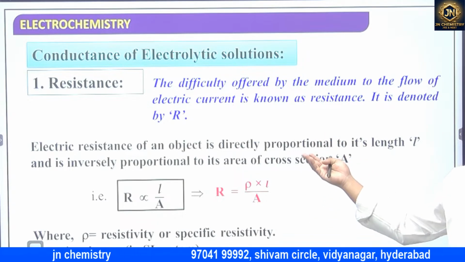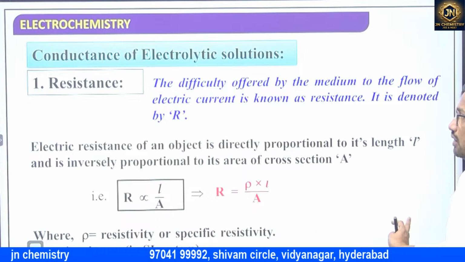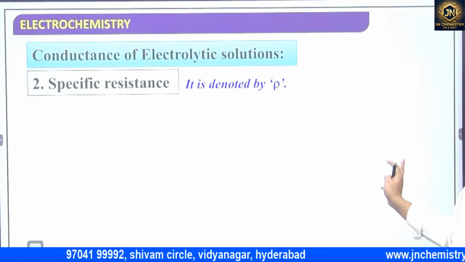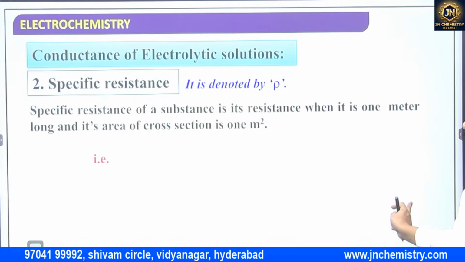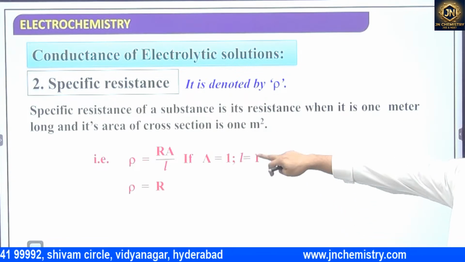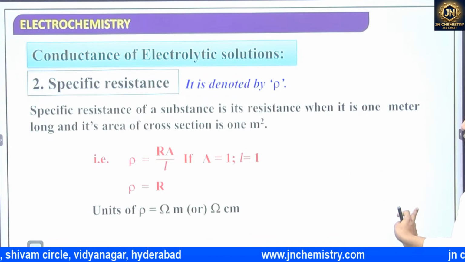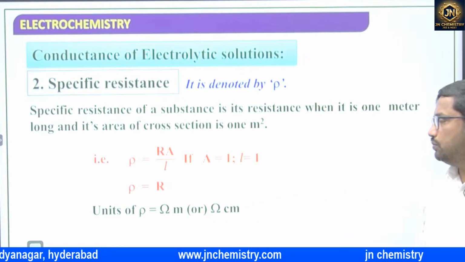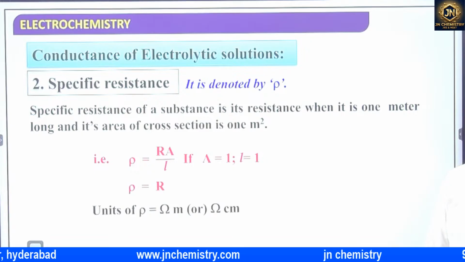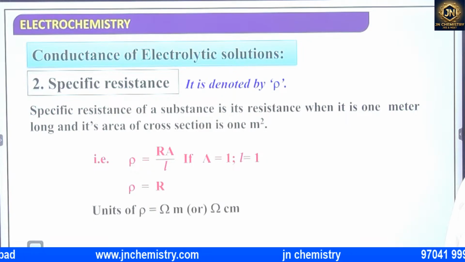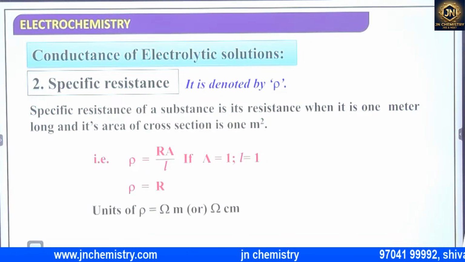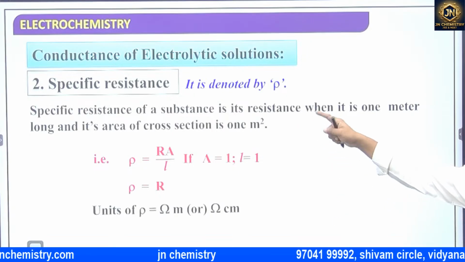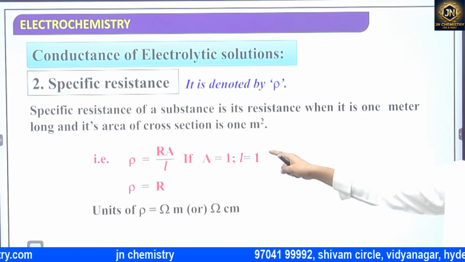Next, specific resistance means rho. We can rearrange that formula, and the units for rho are ohm meter or ohm centimeter. It is defined when area and length are both 1.